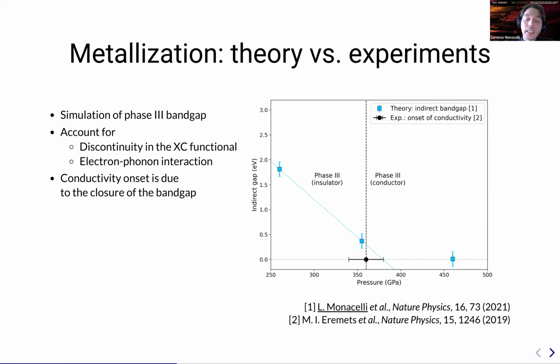So this case, as I was telling you, is a fully adiabatic approximation, in which we treat electrons as always in the ground state. Indeed, in the case of hydrogen, especially if you go very close to the phase transition, you see immediately that you have the indirect band gap, which is of the order of half an electron volt, which is comparable with the energy of the highest energetic phonons in the system.